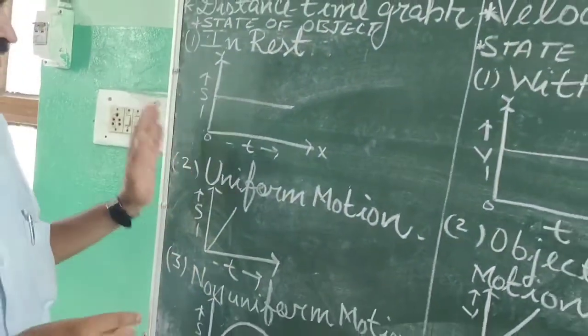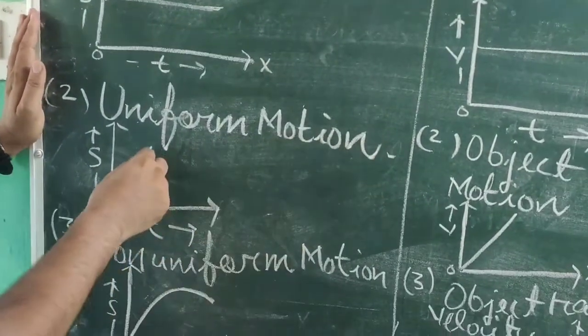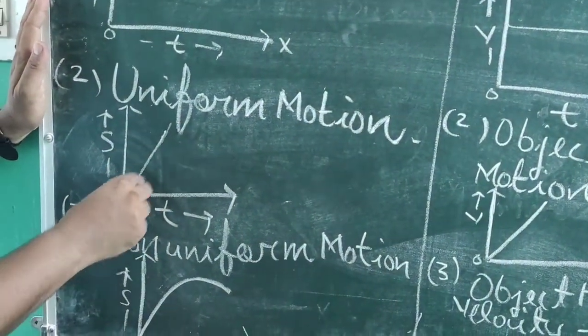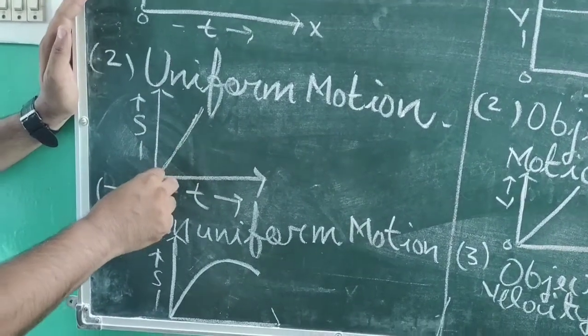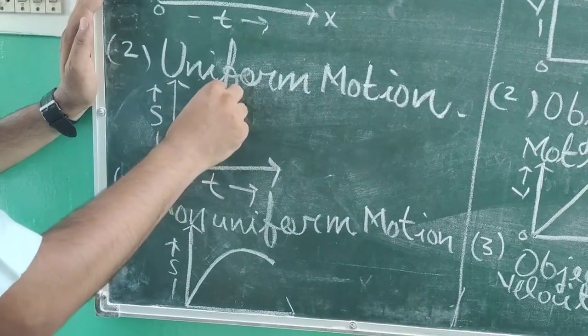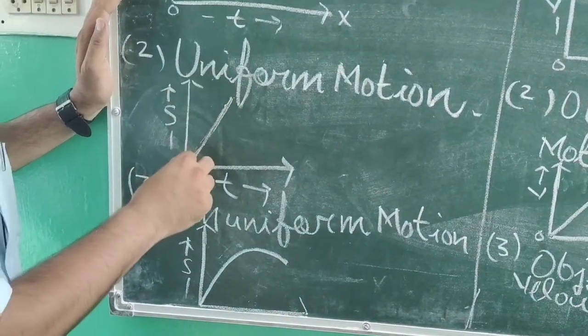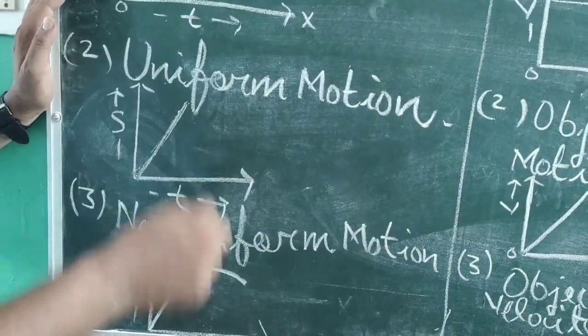In the second case, if the object is moving with uniform motion, then we will get the graph in a straight line. This type of graph we will get. It means the distance is also increasing and the graph will be a straight line. It is known as a straight line graph.